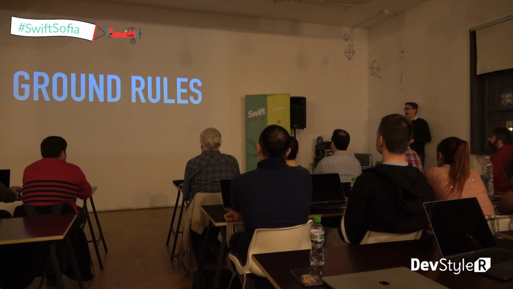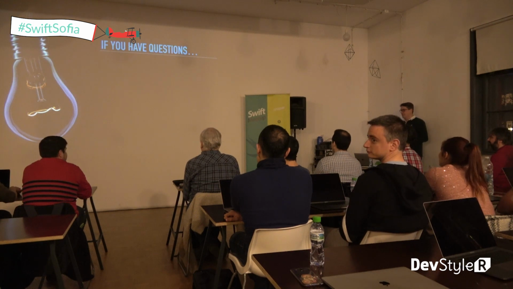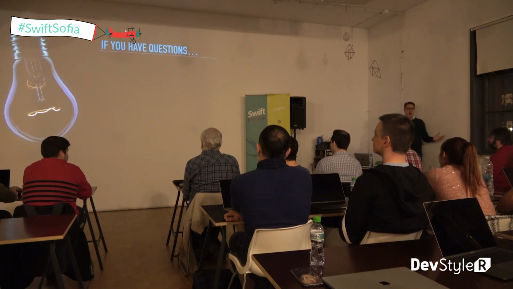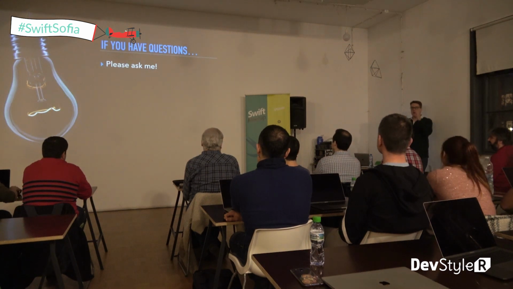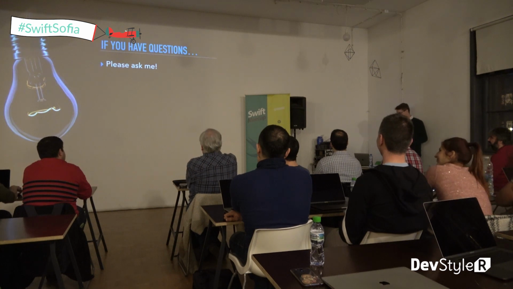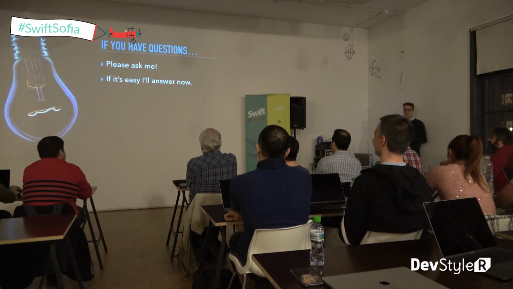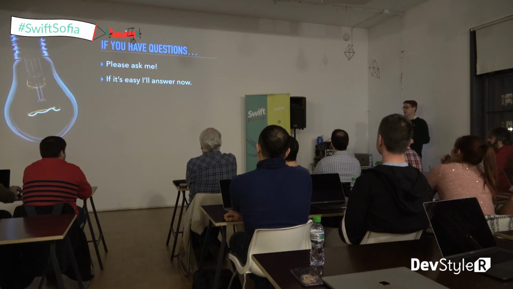And so we have a handful of ground rules. Firstly, questions. You've got to ask, right? That's what I'm here for. If you have questions, you've got to ask me. Why am I doing it this way? Would this way also work? If it's easy, I will answer straight away. That's your answer. We can talk about it if you want to, but there's the basic answer.